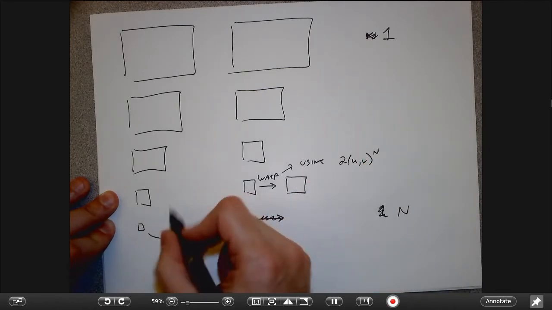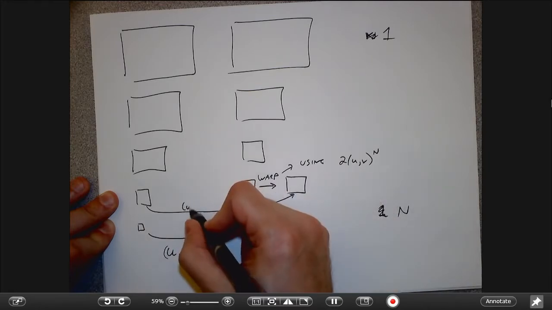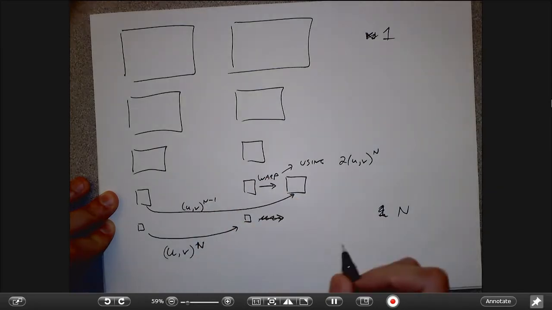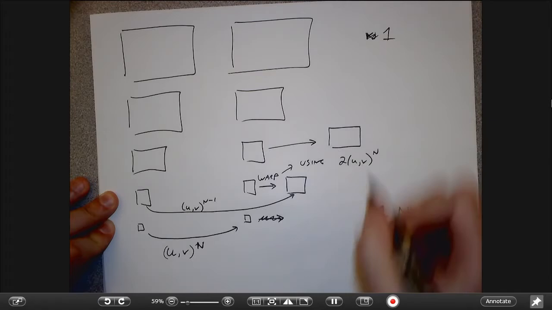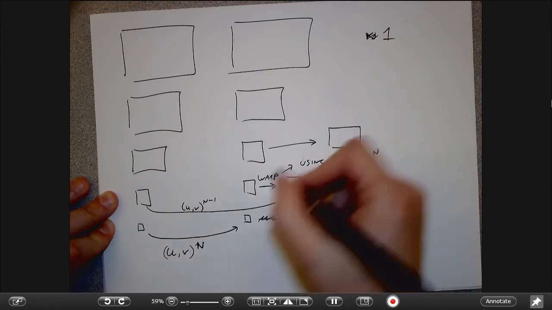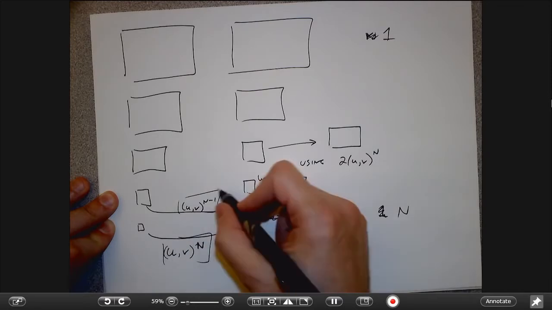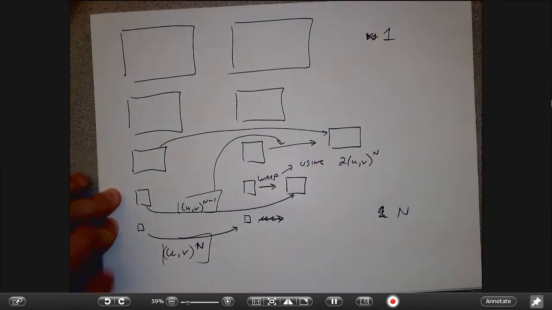And then I estimate the flow between these two guys. And this is what gives me the next flow level. And then this guy, I'm going to warp over here using both this thing and this thing. These both go into estimating this warp, right? And then I estimate the flow between these things, right? So basically I keep on bootstrapping my way up to the top.